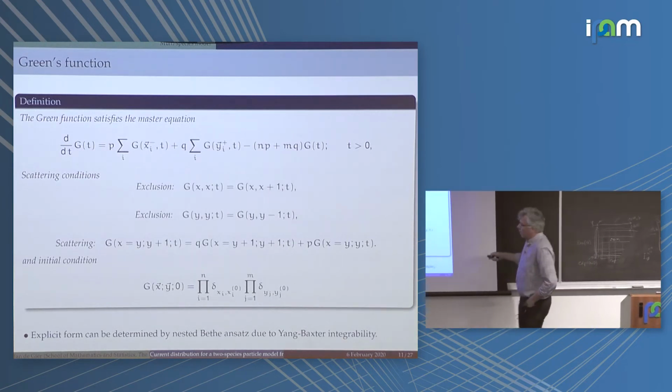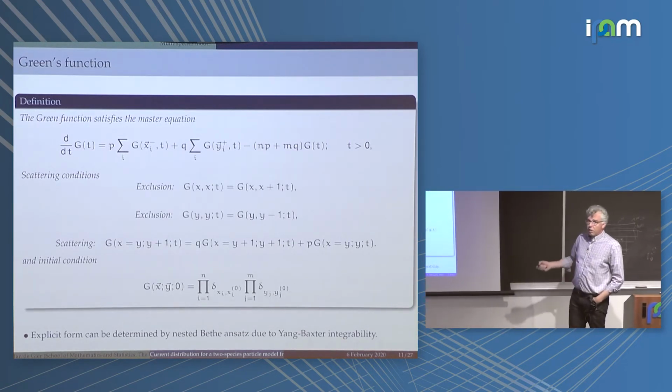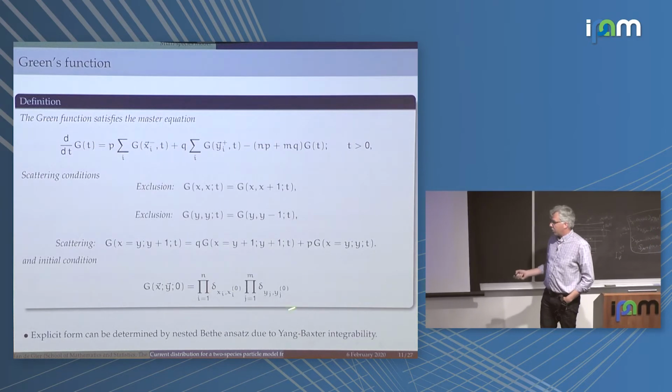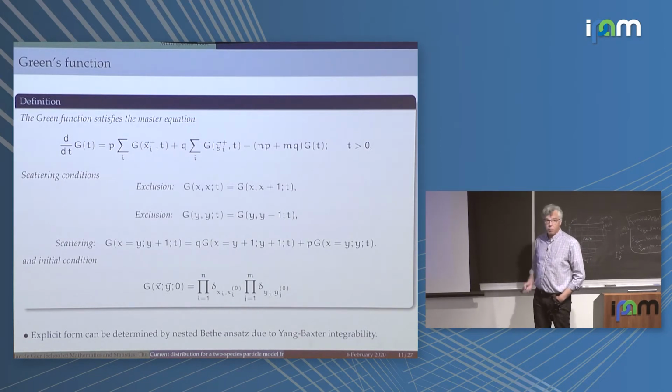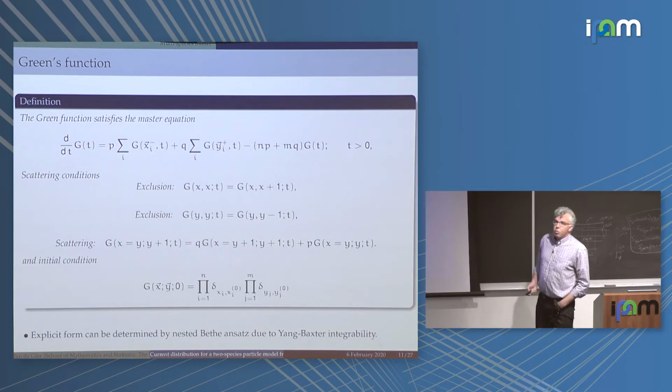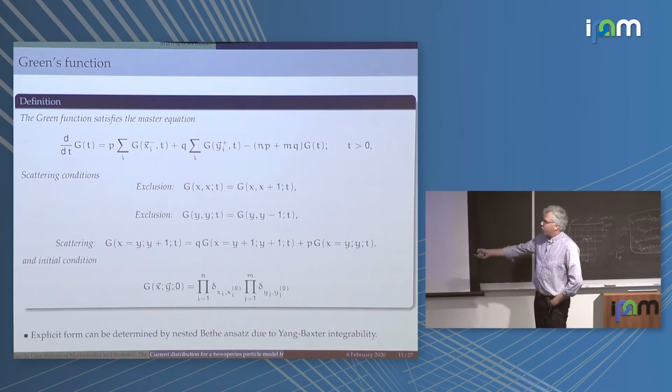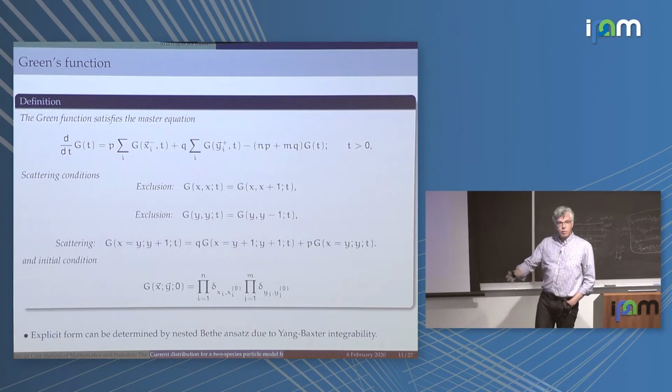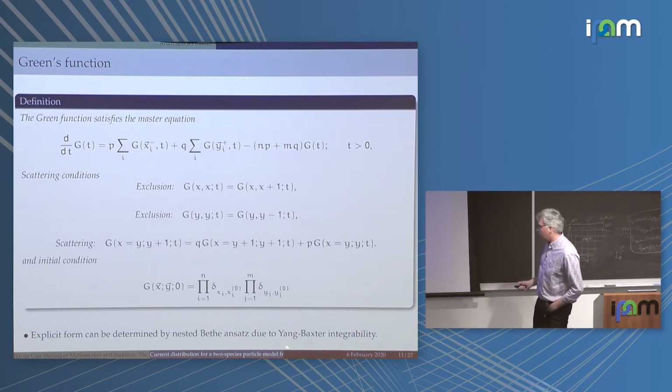And then you get a general solution, and you still need to fix the initial condition that at time 0, all the particles are at their initial conditions, x0 and y0, right? You can do that because this is an integrable model. There's a way of making some trial guesses for the functional form of the Green's function in terms of plane waves, and this method is called Bethe-Ansatz.